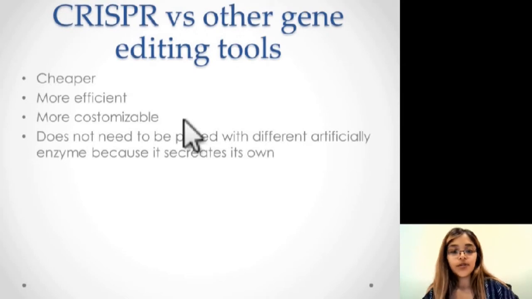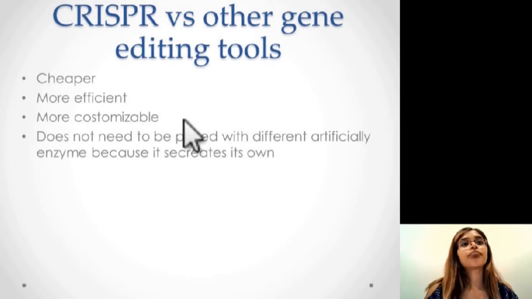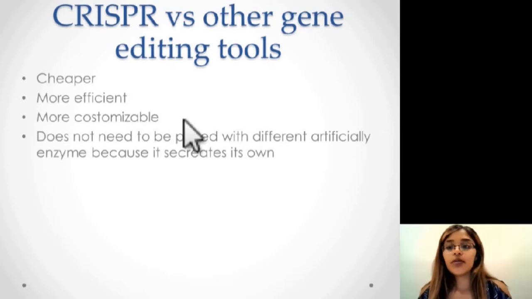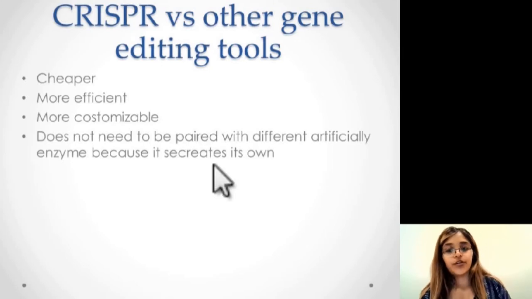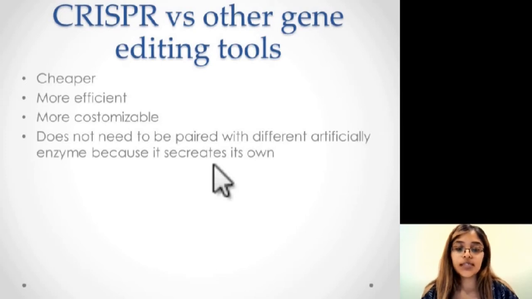The reason why CRISPR is showing to be more used right now is because it is very cheap, it's more efficient, it's more customizable, and it does not need to be paired with different artificial enzymes because it secretes its own, which is going to be Cas9 that we're going to be talking about later on.